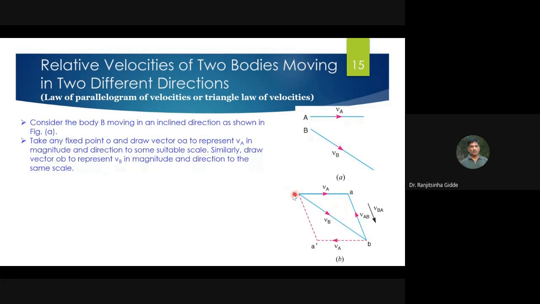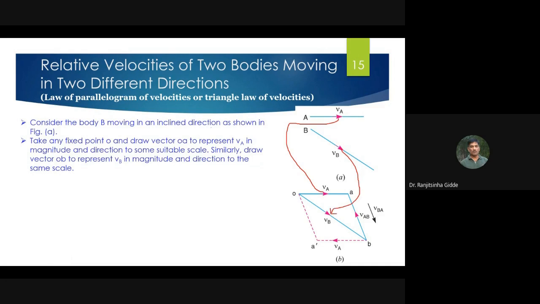So VA is represented by OA. Here the arrow is shown. This arrow. Right? And the same is represented for this.